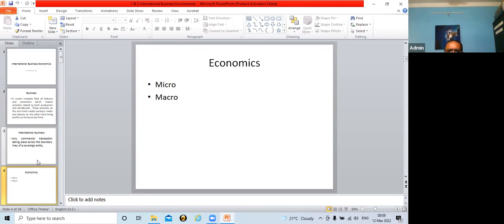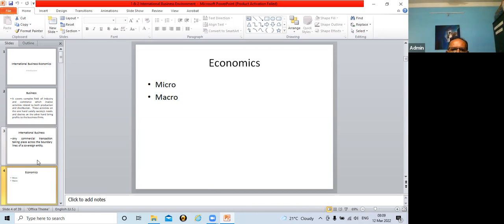In economics, these two concepts matter a lot, micro and macro. But in the international scenario, we refer to macro rather than micro. So macroeconomic management is very much essential in international business.